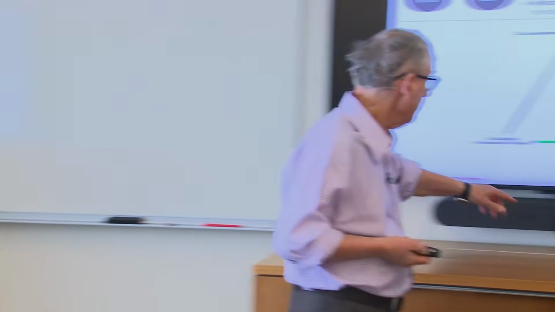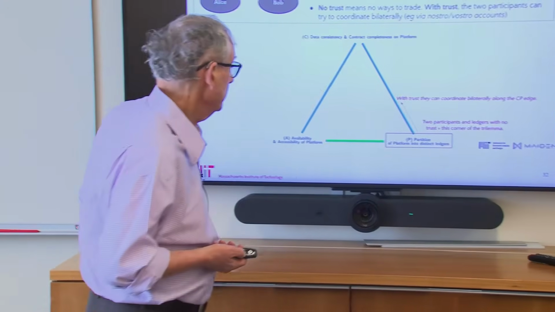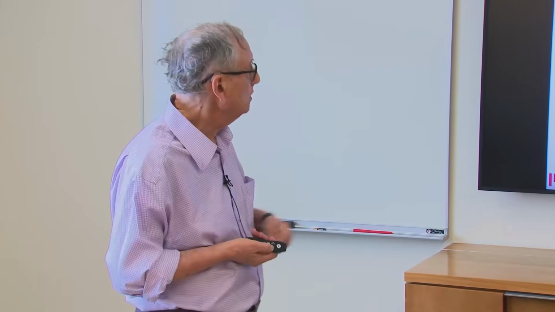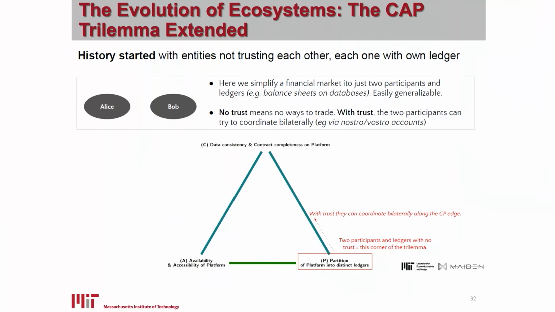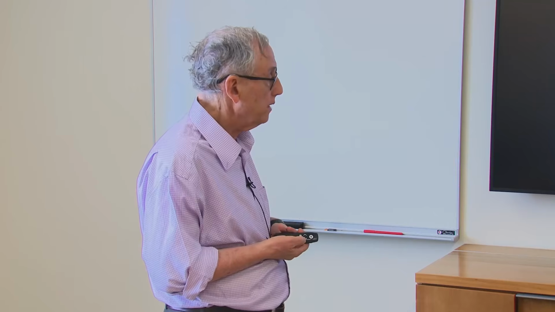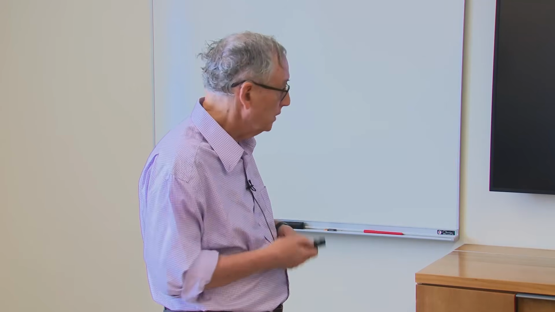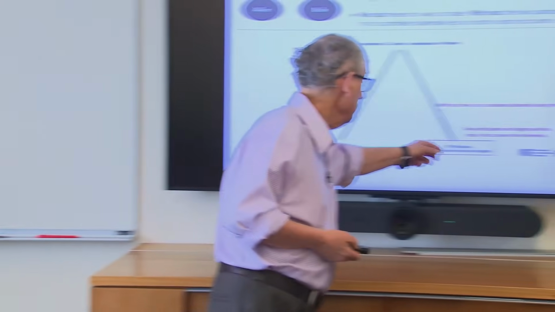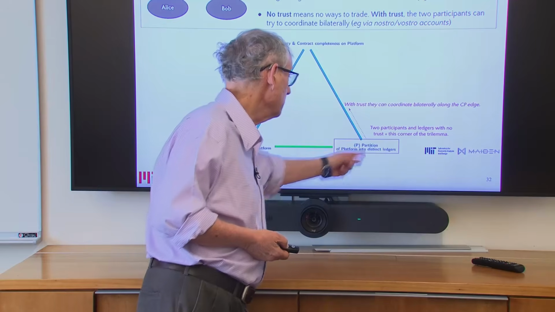So here's an interpretation. We start with two parties to a contract, classic Alice and Bob, and they don't trust each other, and they have their own financial accounts, and they're not necessarily consistent with one another. That's kind of the starting point, over here in the partition vertex.